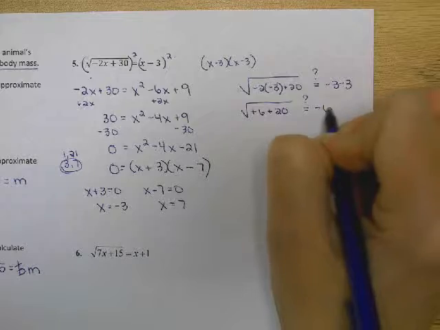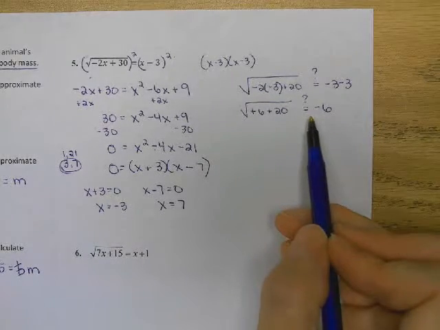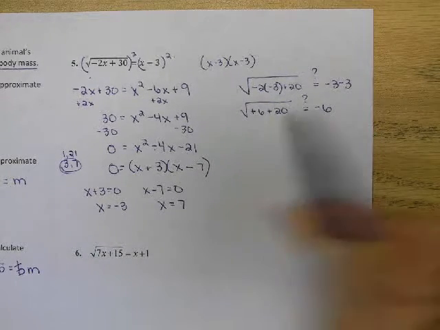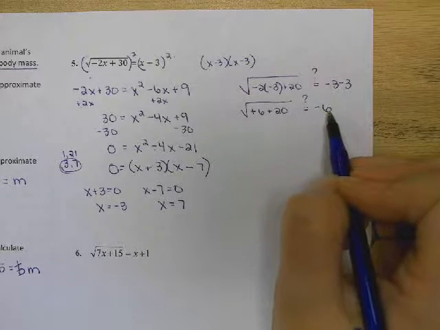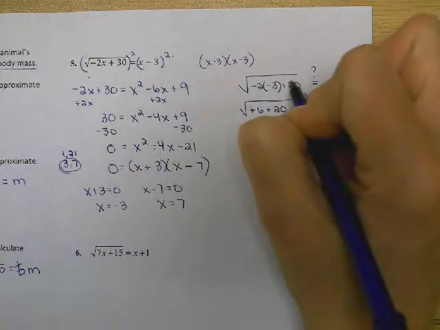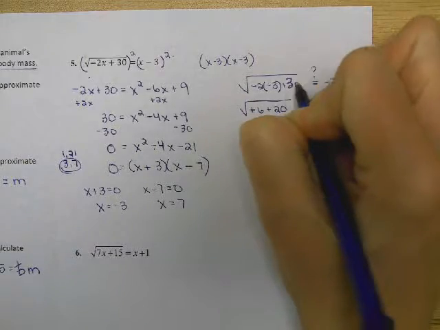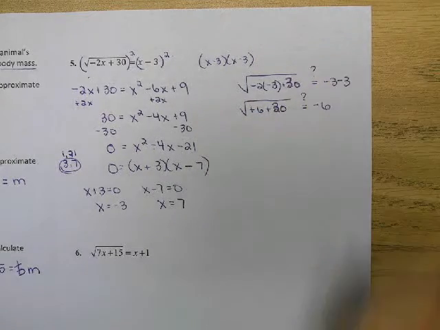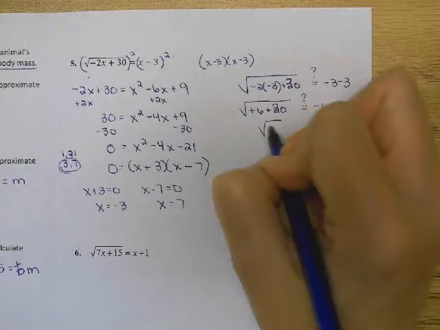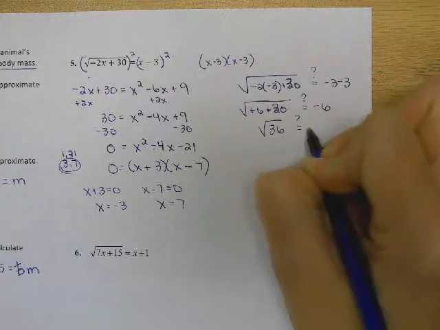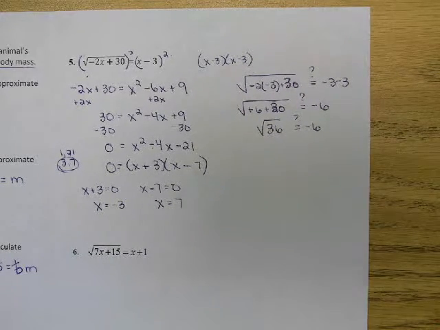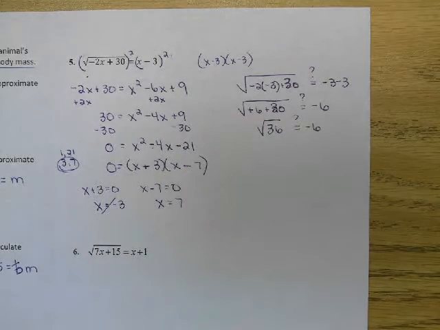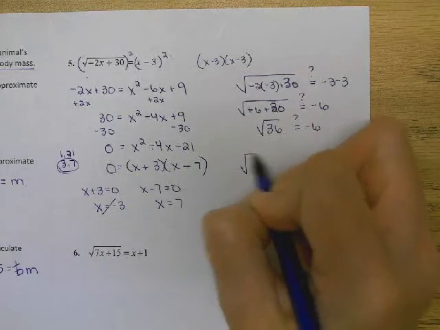Is that equal to negative 6? Well, I can stop right there, because can my square root be equal to a negative? Oh, and that is a 30. Sorry, guys. That's a 30. Okay? So I would end up with the square root of 36, but we know that that cannot be a negative, which means negative 3 does not work.